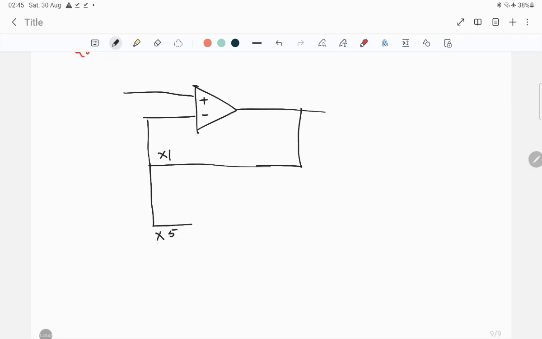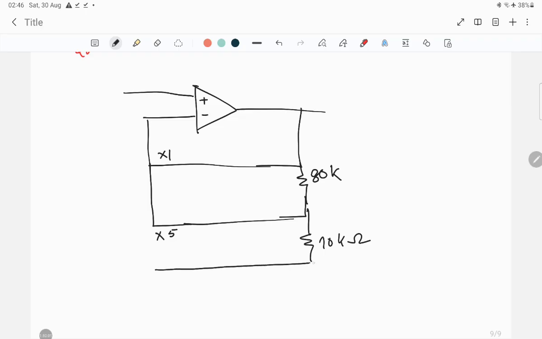So over here there will be 80 kilo ohm, then 10 kilo ohm. This is the gain factor for 10.